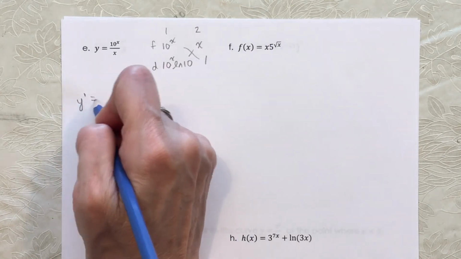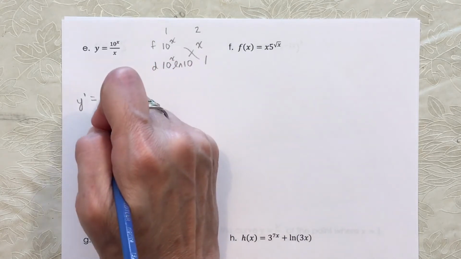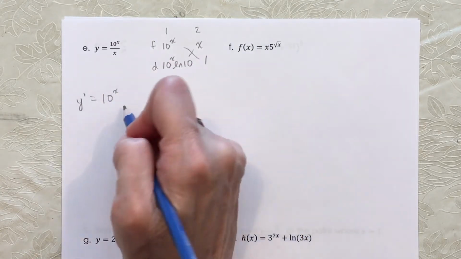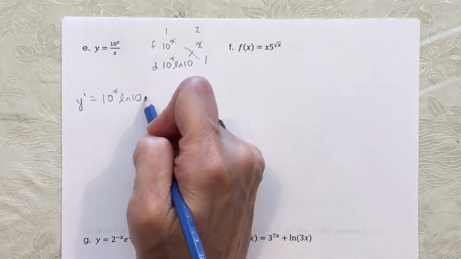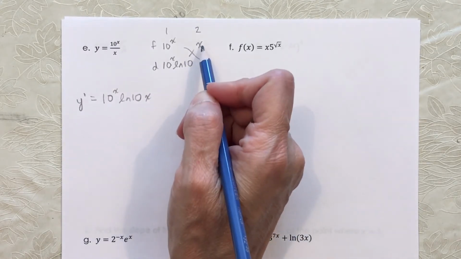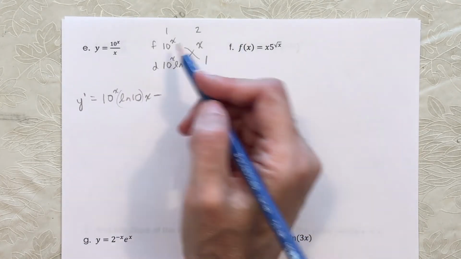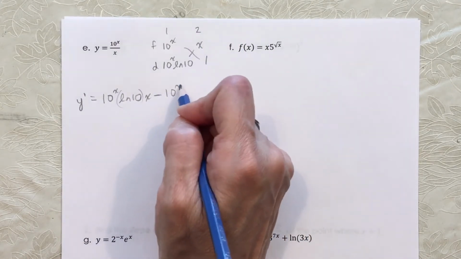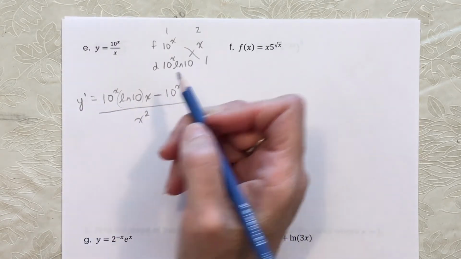So y prime, according to the quotient rule, is going to be derivative of the first times the second, so 10 to the x ln 10 times x, minus the first times the derivative of the second, all over the second squared.